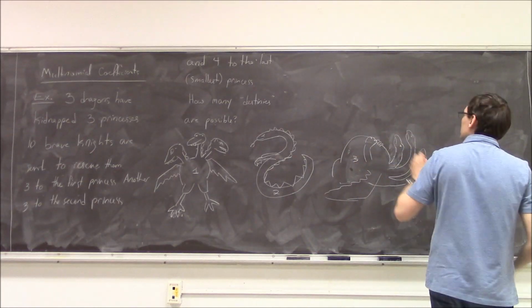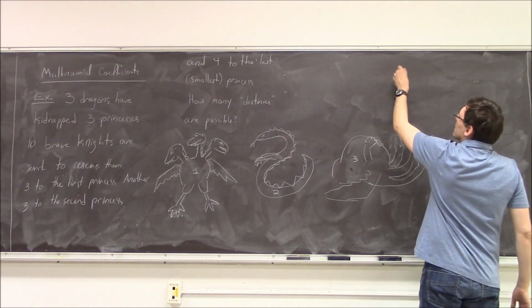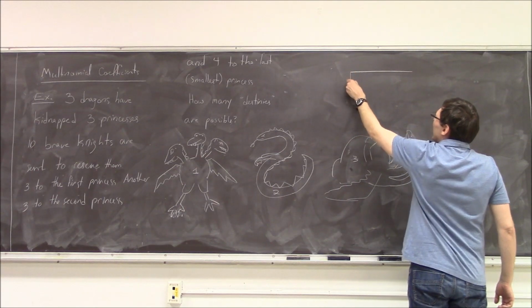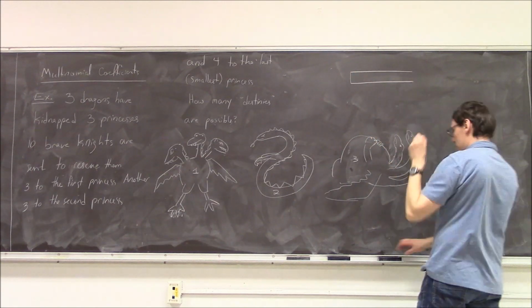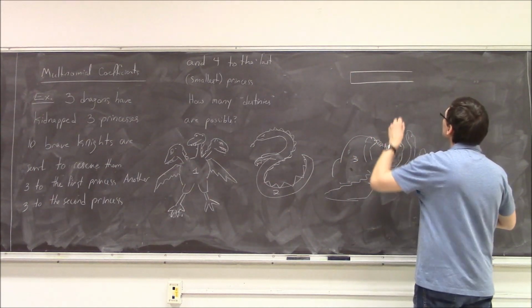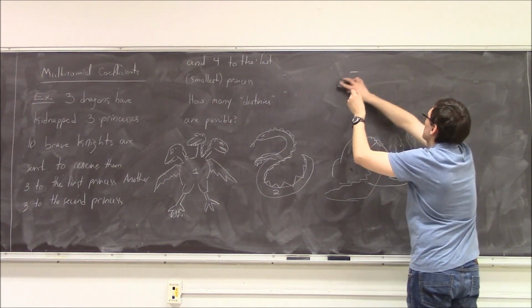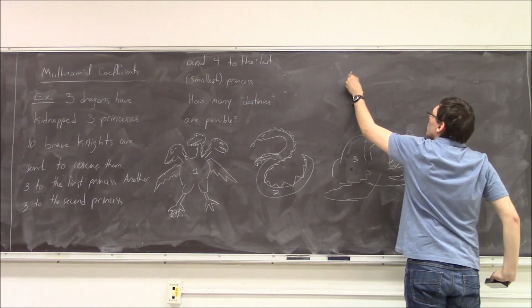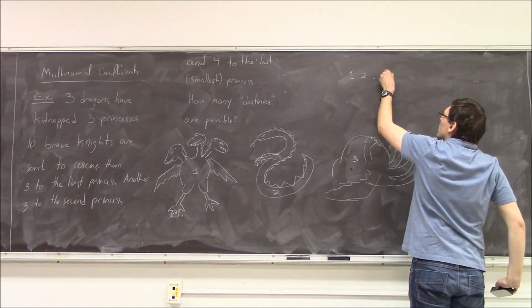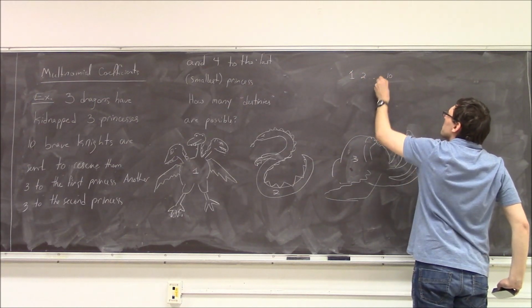Well, I can look at the knights and list them in order. So we have knights, let's say, knights 1 all the way to knight number 10.